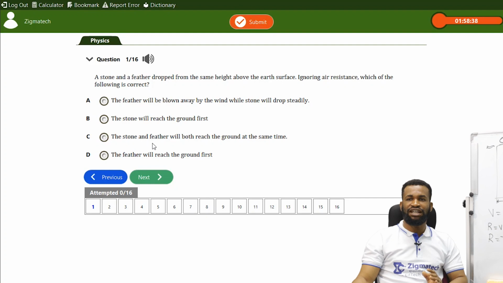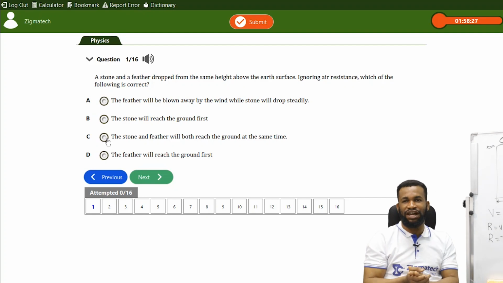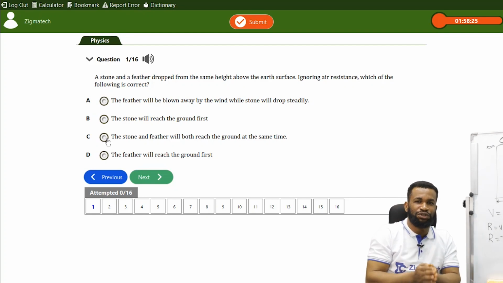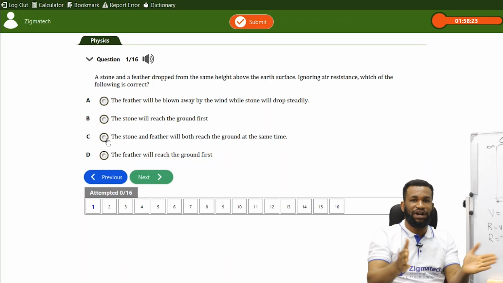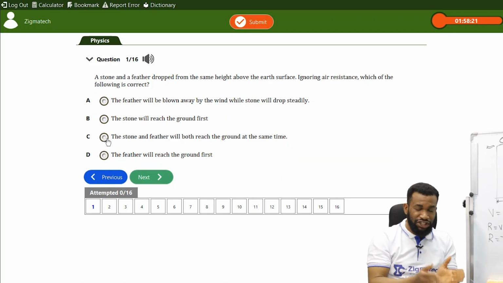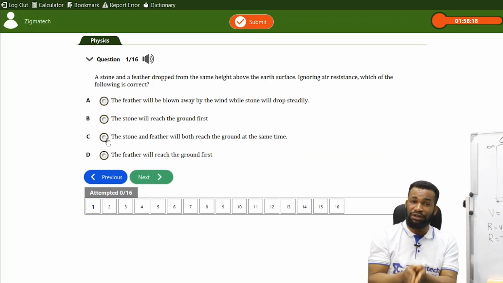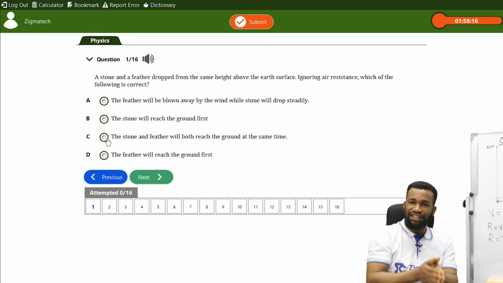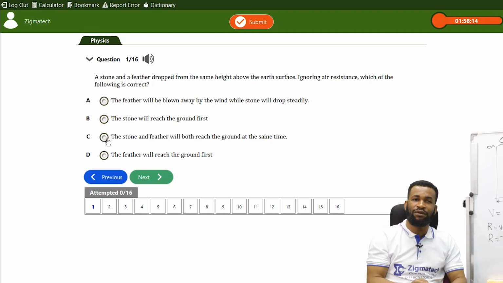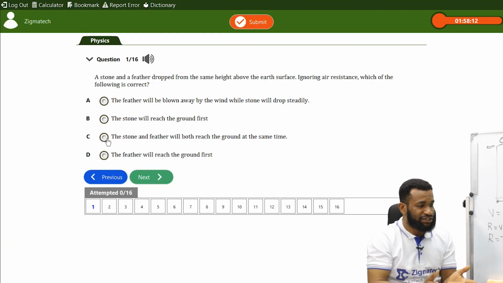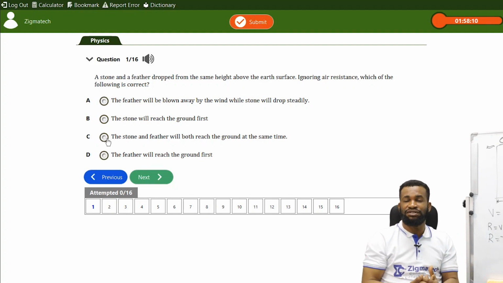C, the stone and feather will both reach the ground at the same time. C is the right option. Why? In real life, that is why you can't come to learning physics with your normal physical eyes. You need to look at physics from the experimental aspect of it. Because the feather and the stone are both acted upon by the same force of gravity.